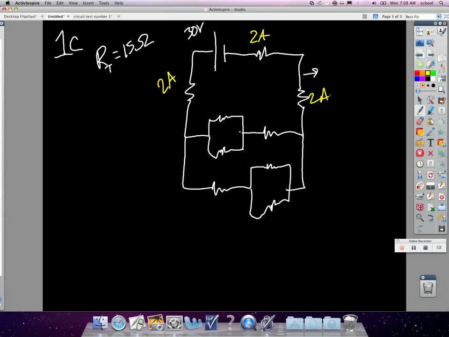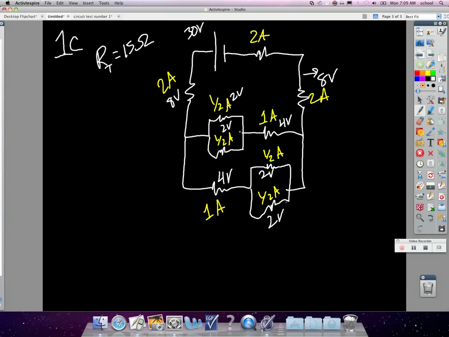IV is going to be 1 amp, 1 amp, 4 amps, 4 amps, 4 amps. Oops, sorry, these are all watts. Sorry, the numbers are watts. 16 watts. IV is 4 watts, 4 watts. This is 1 watt, 1 watt, 1 watt, 1 watt.